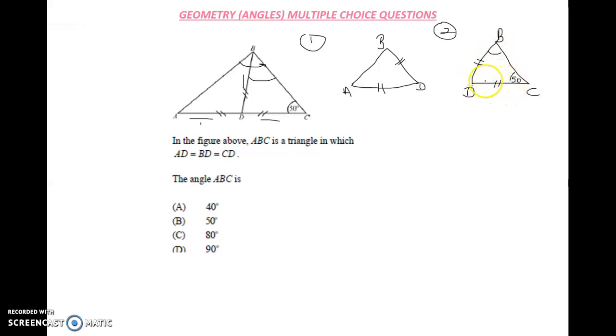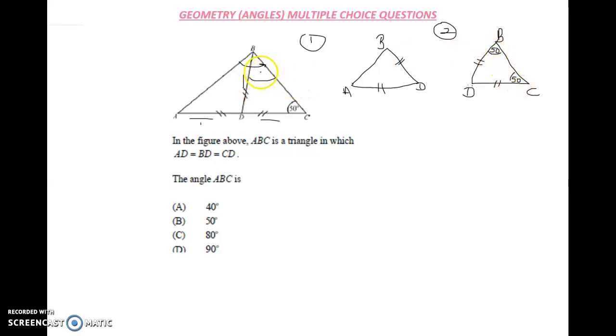And then if we cover DC with your hand, you're going to remain with angle B, and those two angles are equal to each other. So this is actually 50 as well, right? Cool.